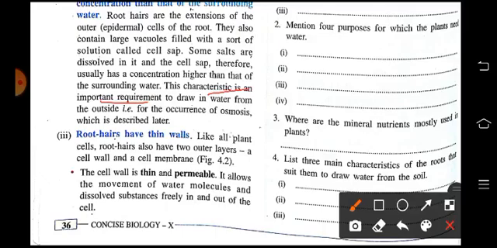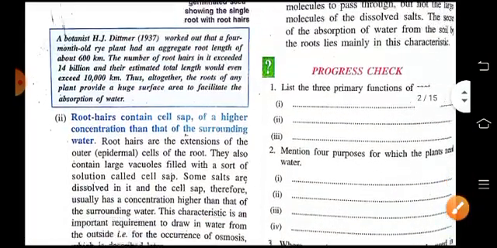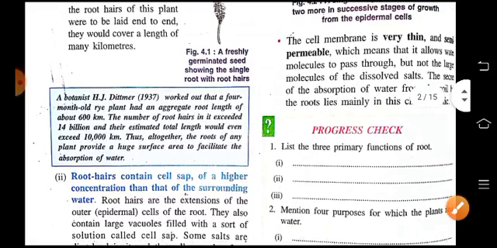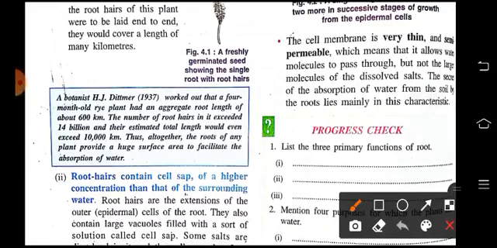Okay. Now root hairs have thin walls. Naturally, like all plant cells, root hairs also have two layers, a cell wall and a cell membrane. Now the cell wall is thin and permeable, that means it allows water molecules and dissolved substances freely in and out of the cell. Whereas the cell membrane is thin and semi-permeable in nature.